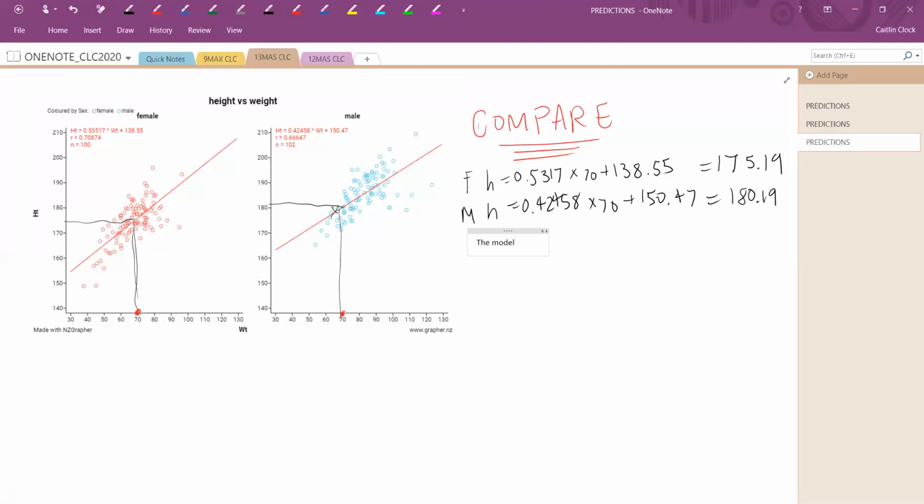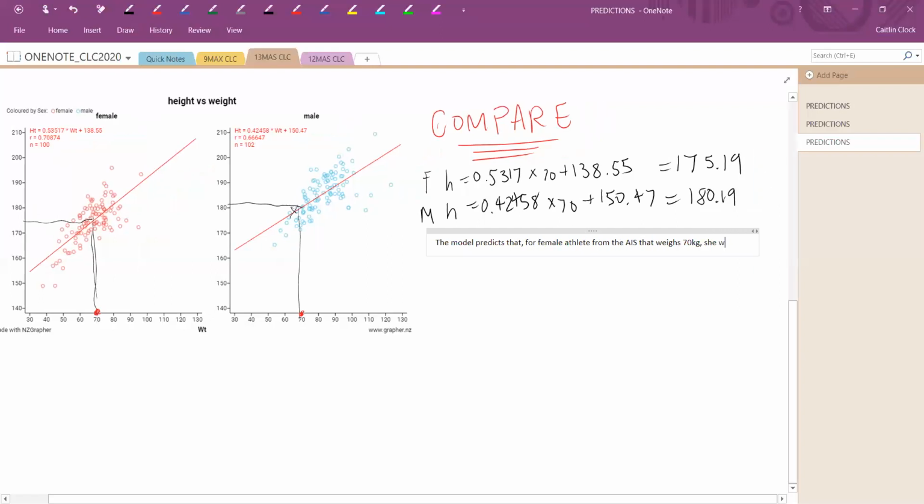The model predicts that for female athletes from the Australian Institute of Sport, that weighs 70 kg, she will be 175.19 centimeters tall.